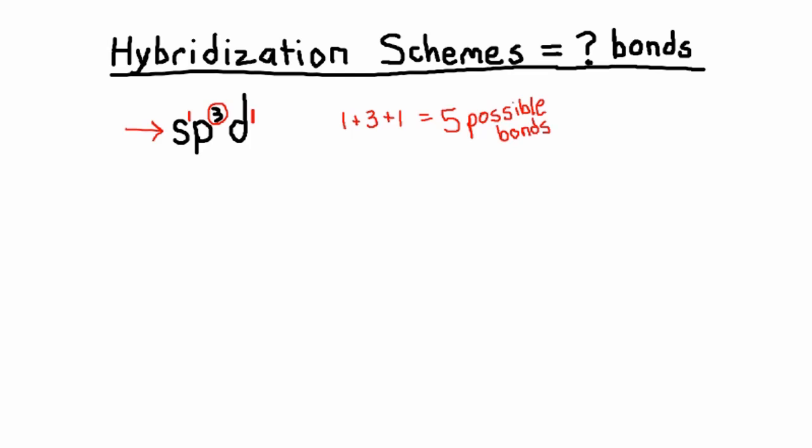So there are 5 possible bonds that this hybridization scheme can make. And that's all you need to do to find out how many bonds a hybrid element can make.